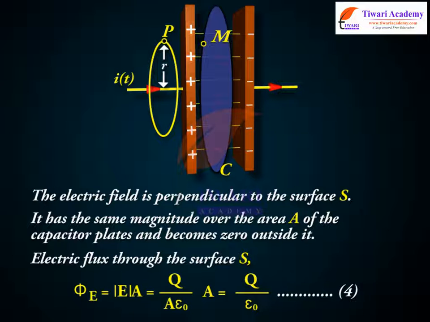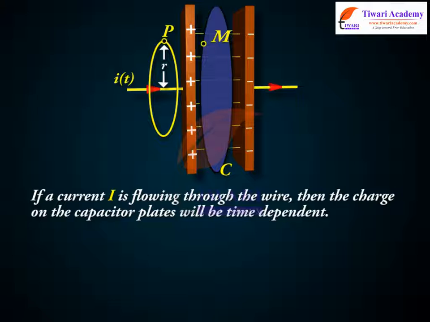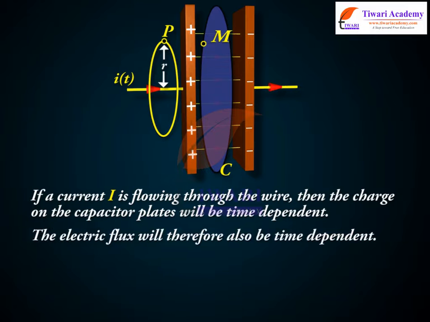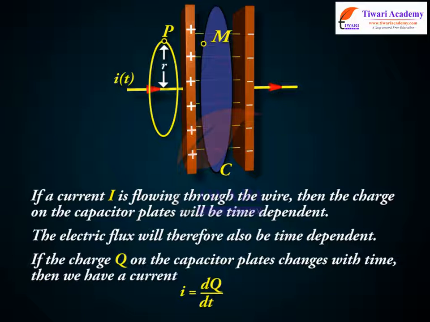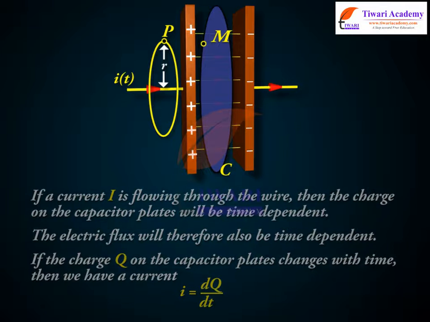Equation 4. If a current I is flowing through the wire, then the charge on the capacitor plates will be time dependent. The electric flux will therefore also be time dependent. If the charge Q on the capacitor plates changes with time, then we have a current I is equal to dq by dt.